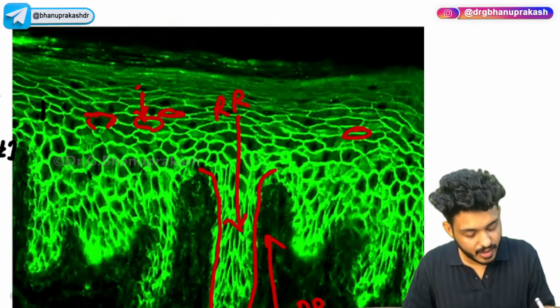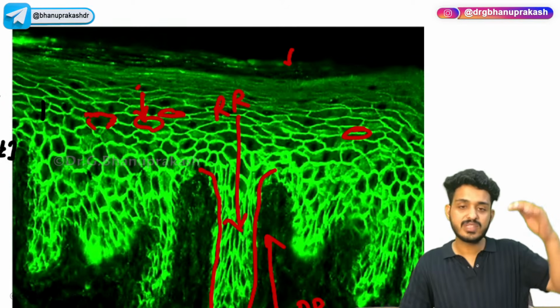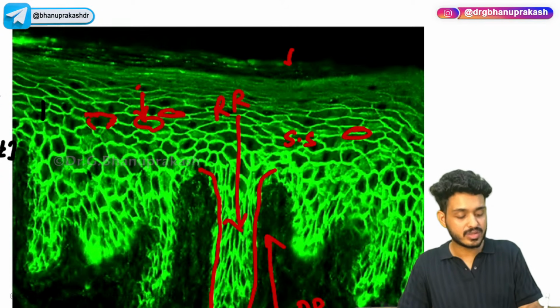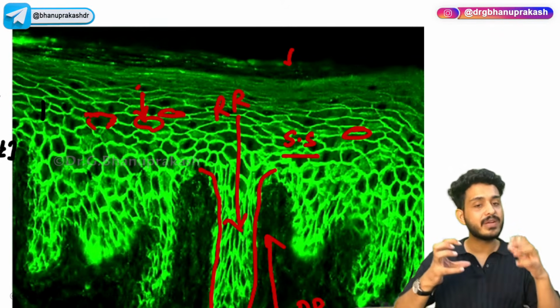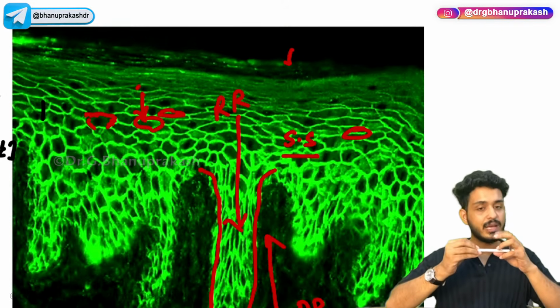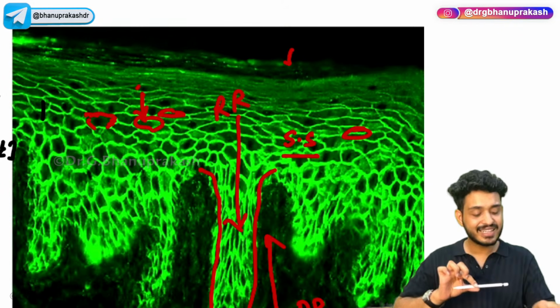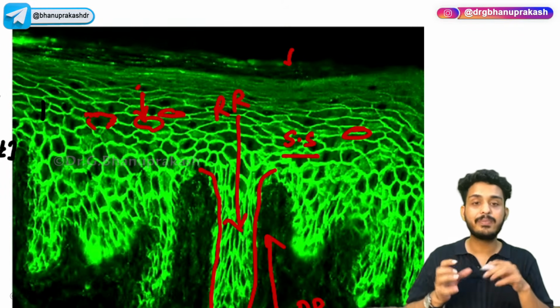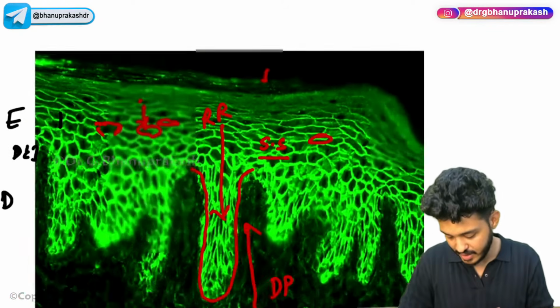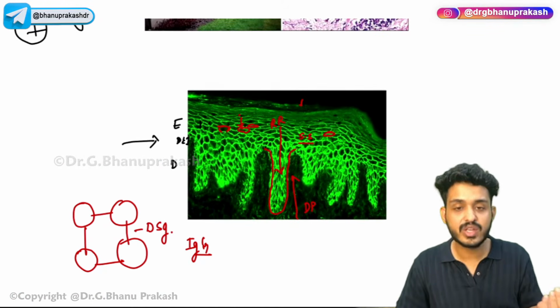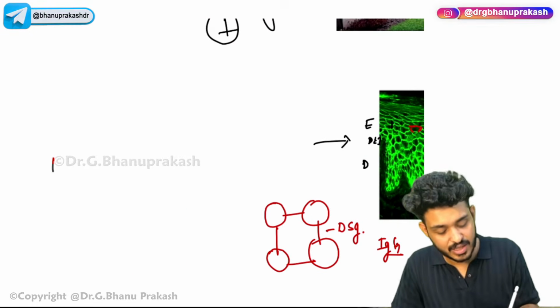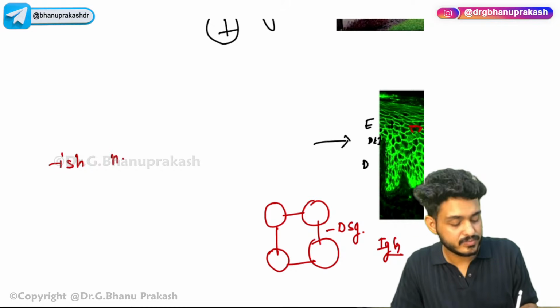Can you appreciate? This first layer will be stratum corneum. Just like that, we are having stratum spinosum. In the stratum spinosum, you will be having multiple keratinocytes bound with the help of desmosomes. Now these are the desmosomes against which there is antibody deposition, right? Understood, guys? So that is giving you a particular appearance that is known as fishnet pattern appearance. Very important question.